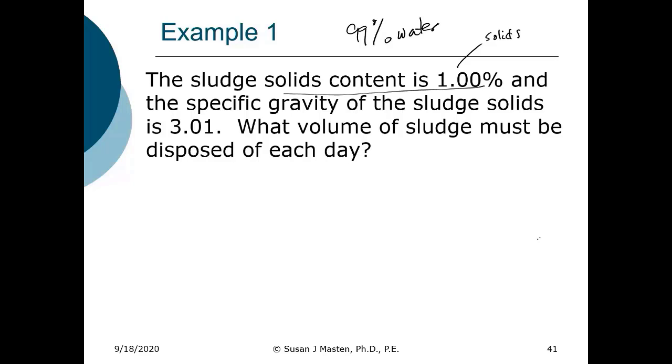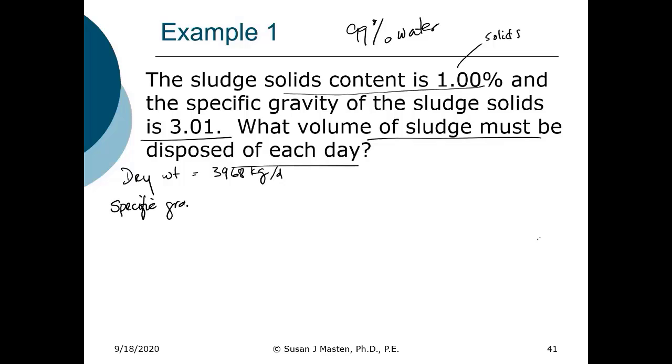The specific gravity of the sludge solids, of the actual solid particles themselves, is 3.01. And you're asked, what is the volume of sludge? Okay, so the dry weight that we produced was 3,968, almost 4,000 kilograms per day. We need to know the specific gravity of the sludge.